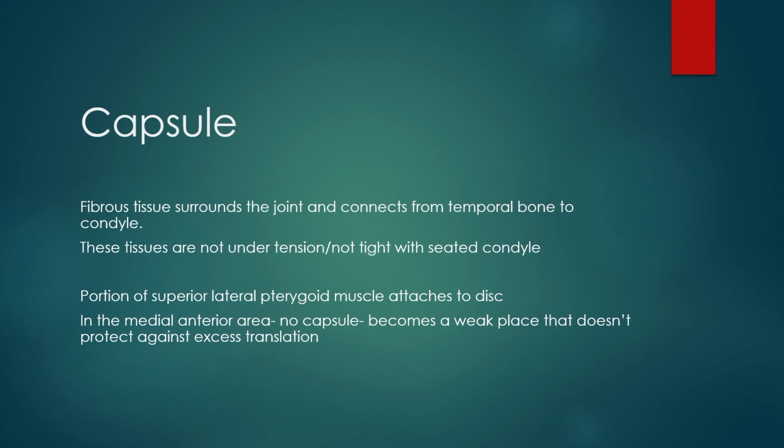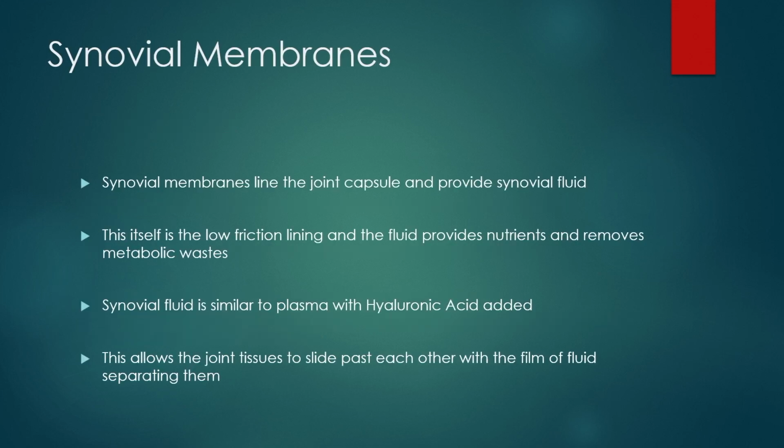Okay. Now, the capsule is basically the fibrous tissue that's around the joint. Part of it is actually the attachment of muscles, part of it's the retrodiscal tissue, but it forms the little bubble that the synovial fluid's in, okay? The lining of it is the synovial membrane.